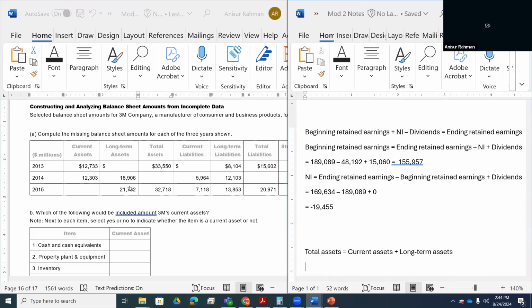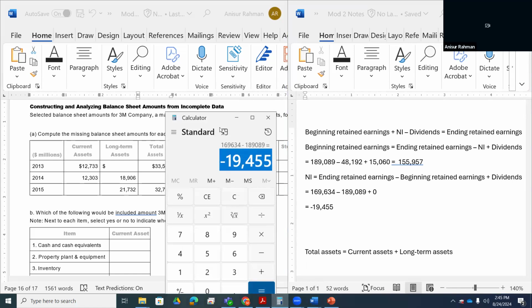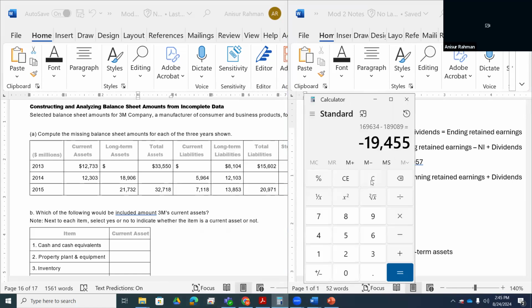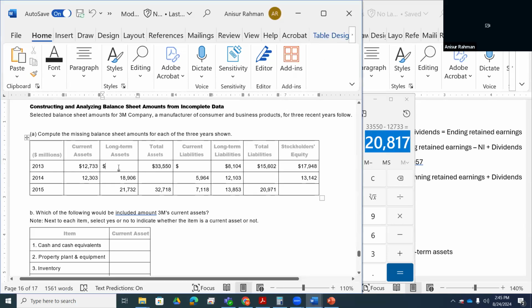So all we have to do is subtract the current assets from total assets. That is our long-term assets.